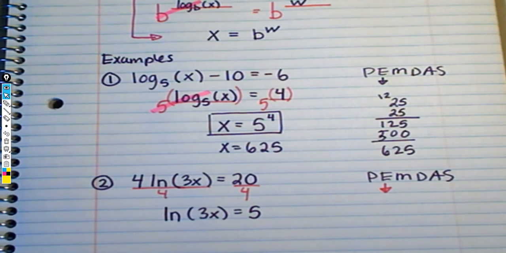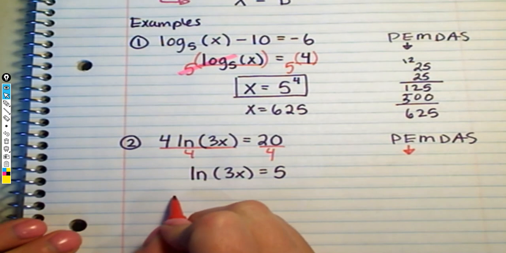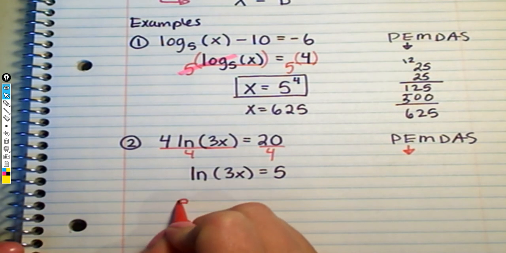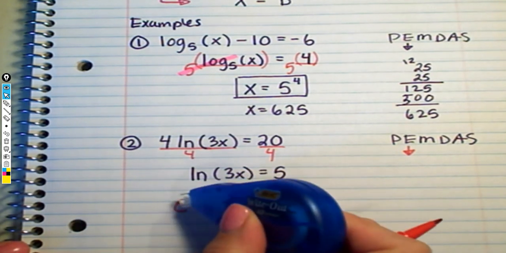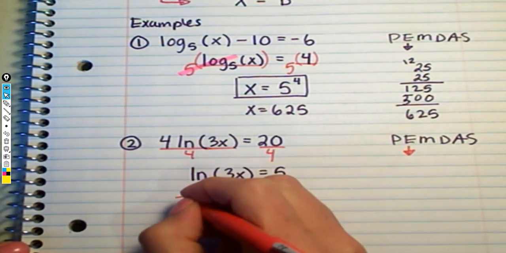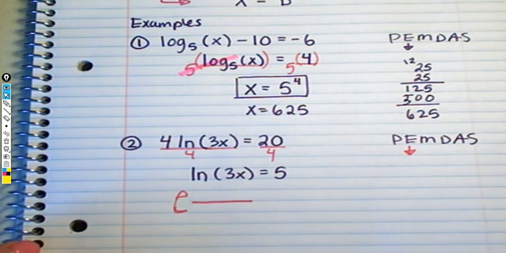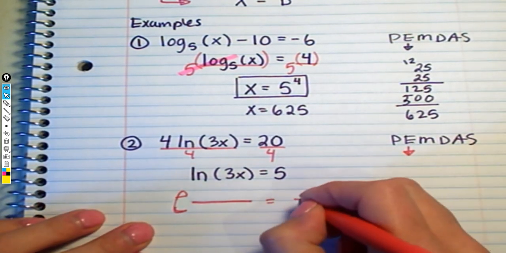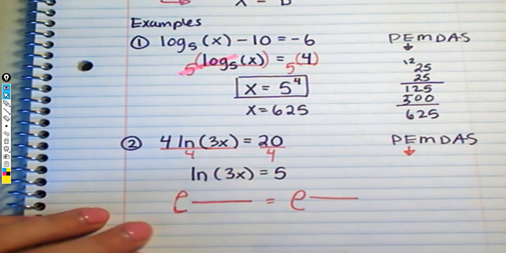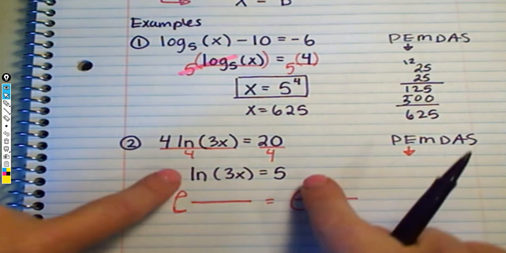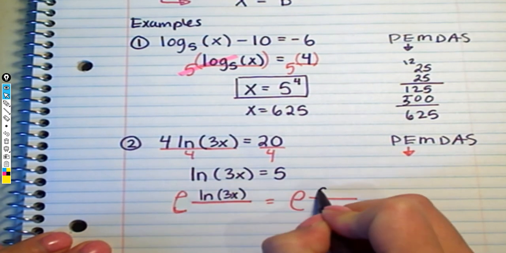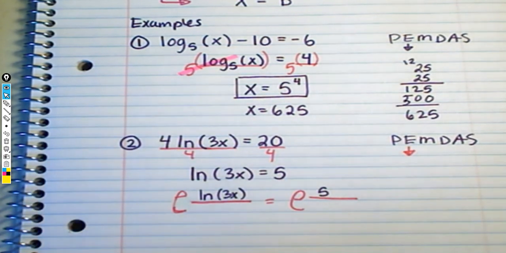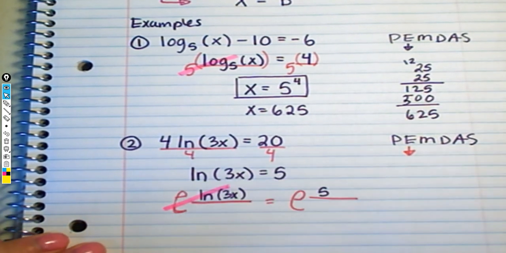Now I'm ready to exponentiate. This time I'll rewrite the problem. I'm going to use base e, and I'll write my e a little bigger. So I'm turning the existing equation into the exponent, and my inverse property tells me they cancel out.